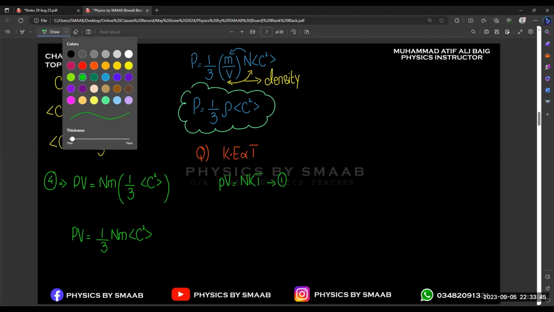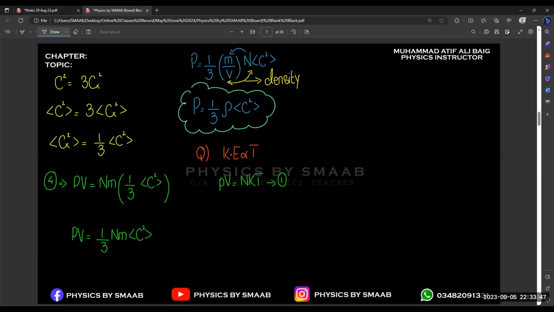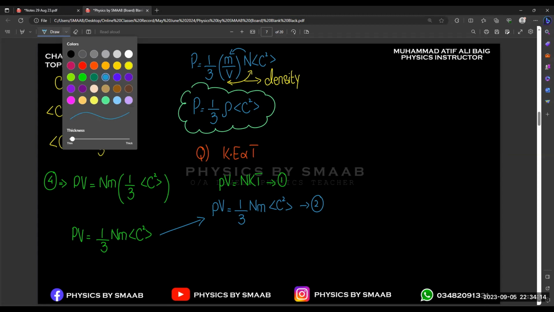And the second thing is, we need to take the reference from the equation that we derived, PV is equal to, right? So we take reference from this equation. This is equation number 2. On the left hand side, we know that PV is the same in both equations.